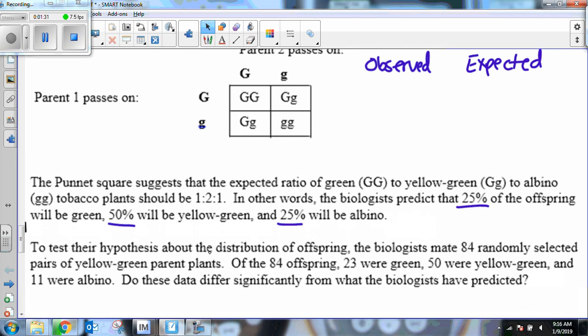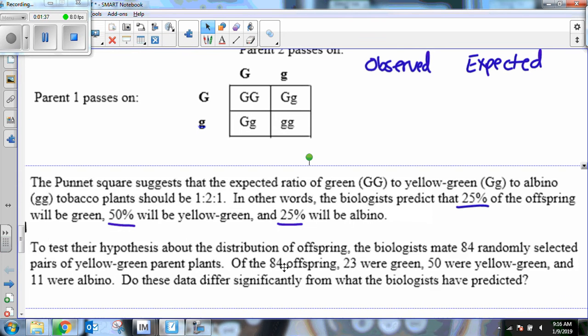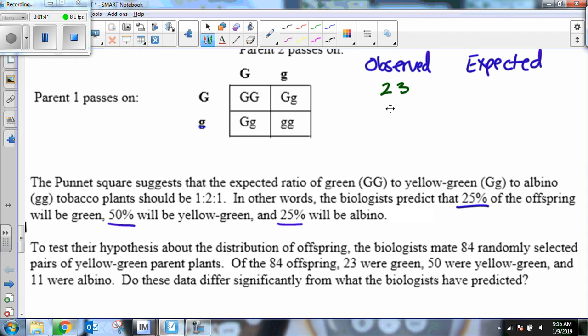To test the hypothesis, the biologists made 84 randomly selected pairs of yellow-green parent plants. Of the 84, 23 were green, 50 were yellow-green, and 11 were albino. So these are my observed counts from my sample. It says, do these data differ significantly from what the biologists have predicted?